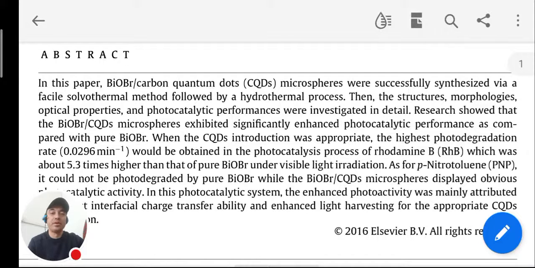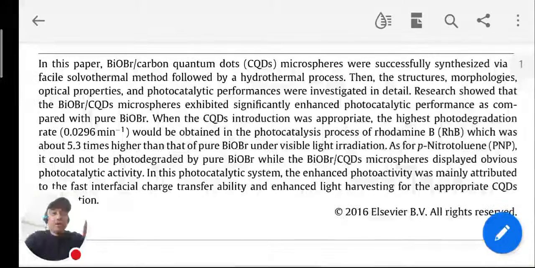of 0.0296 per minute. This rate was obtained in the photocatalysis of rhodamine B, an organic water pollutant, and it was about 5.3 times higher than pure BiOBr under visible light irradiation, as well as for p-nitrophenol (PNP) photocatalytic activity.